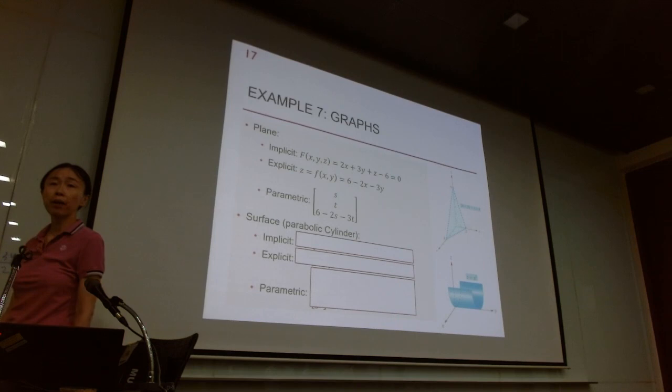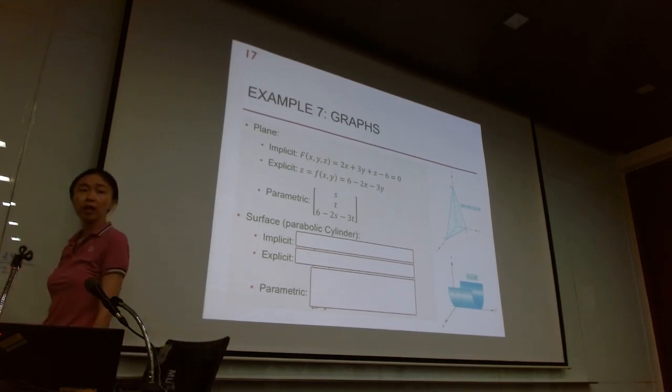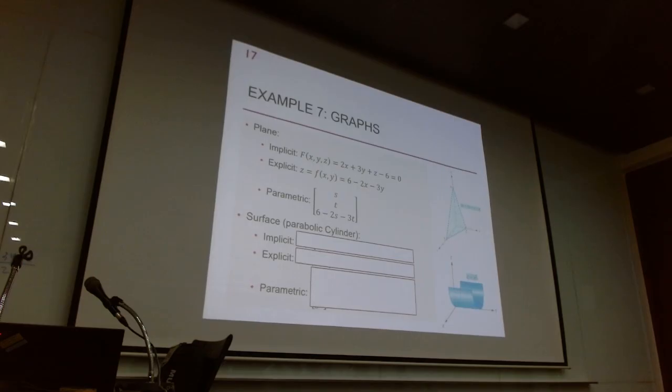how do you write the parametric form? Be careful: in the explicit case I defined it like this, but here x is the defined variable. The vector entries are always in the order x, y, z. In the parametric form you need to keep that order. If you say y is t, you need to write t in the y position, and z equal to s.